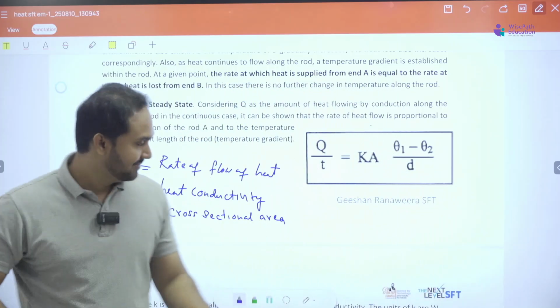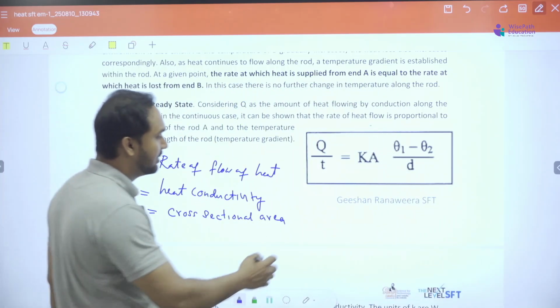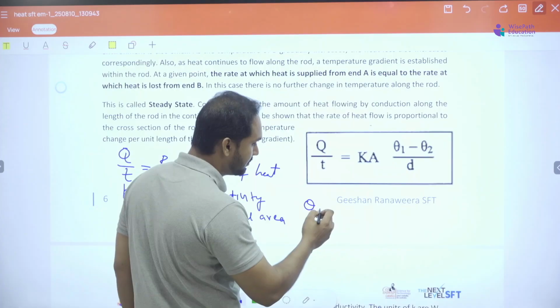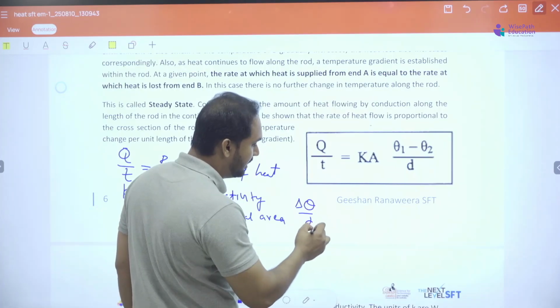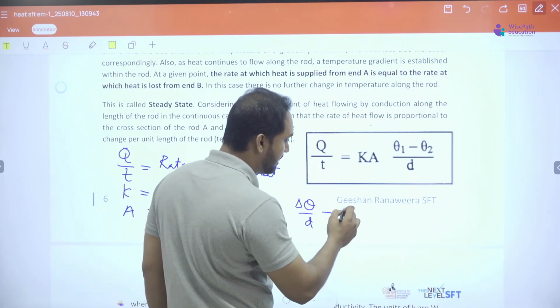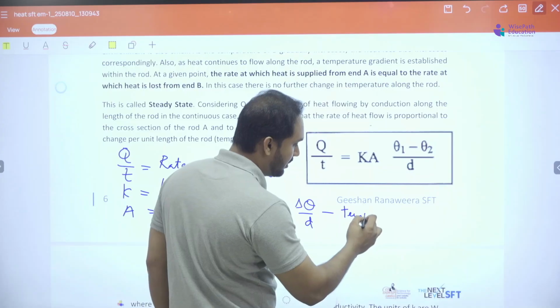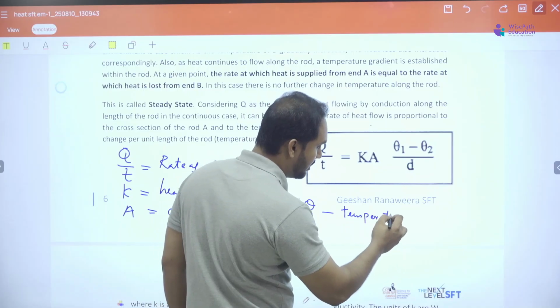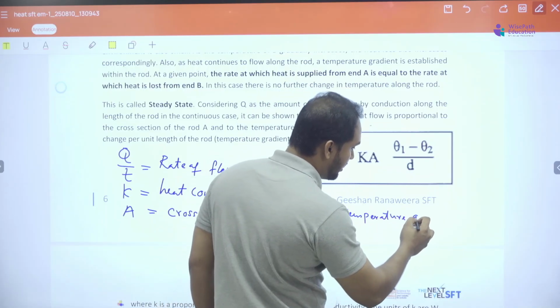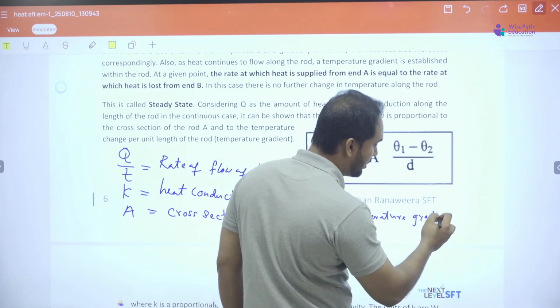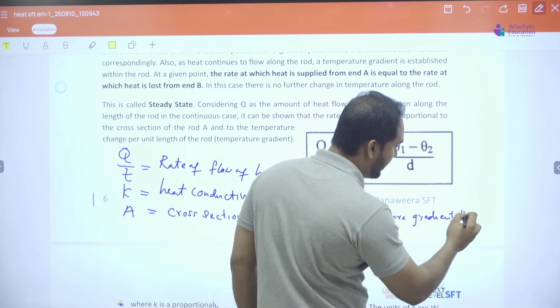So you can take the whole thing as 1: delta theta over d as the temperature gradient through length.